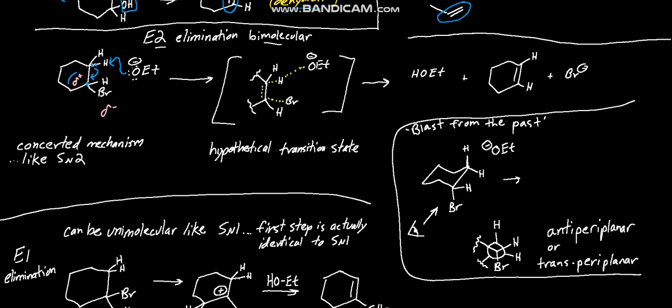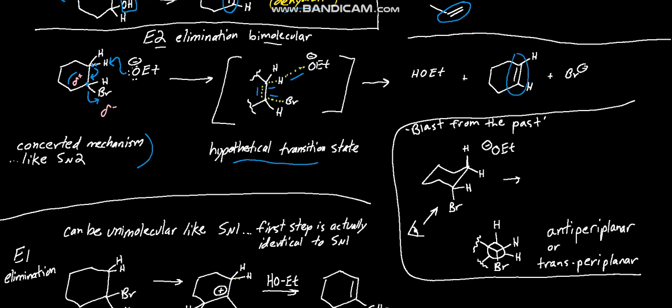So when those electrons come in, they force out bromine, which as we know is a good leaving group. We could propose this hypothetical transition state, and what you're seeing here is the formation and breaking of all these bonds with the dashed or dotted lines, I should say. So happening all at once, a concerted mechanism, just like in SN2. Formation of the alkene.